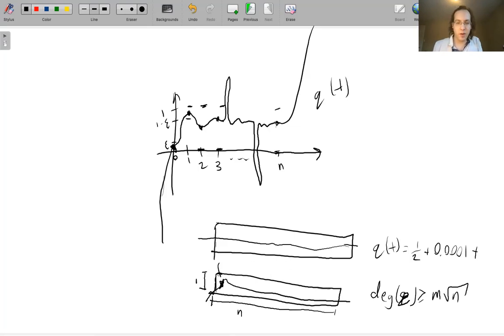Basically, if q prime of z is equal to m for some z within the box, so the box achieves slope m, then the degree is at least m times root n. This is called the Markov brothers inequality, because there's a different thing called Markov's inequality. This was actually proven by Markov's brother, the brother of the other Markov.